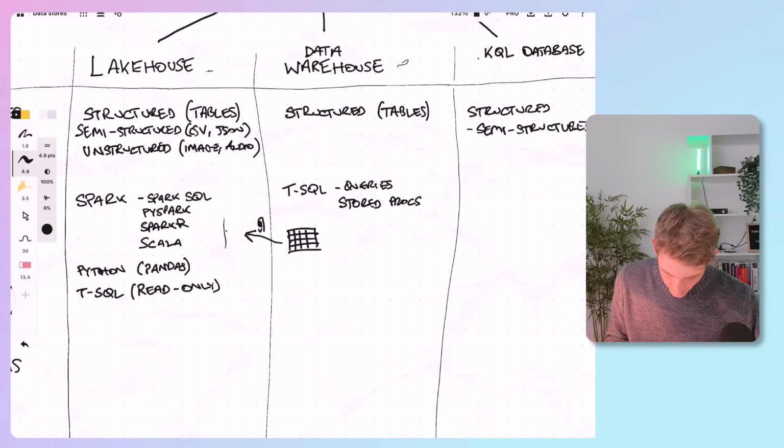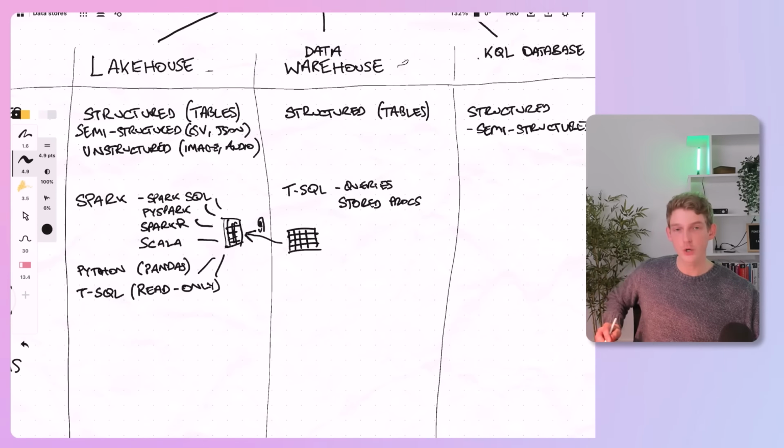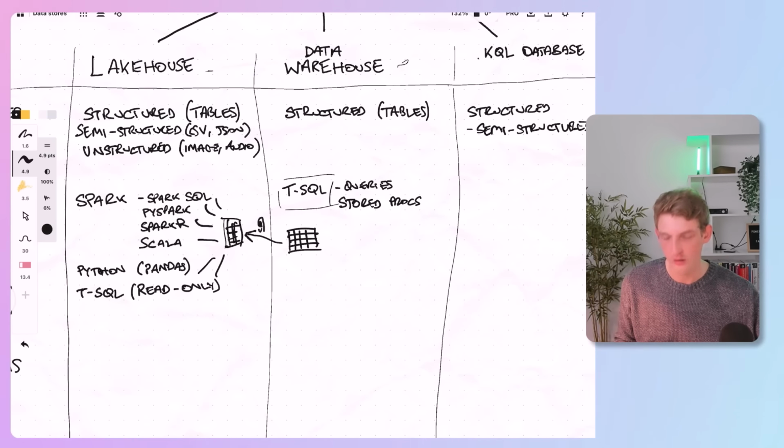But then we can create that here, and then we get access to all of these things as well, right? So just because you store your data in the data warehouse doesn't mean that the only thing you can do is to use T-SQL. You can still shortcut it into the Lakehouse if you need to use PySpark or anything like that, right? But natively, you only have access to T-SQL.